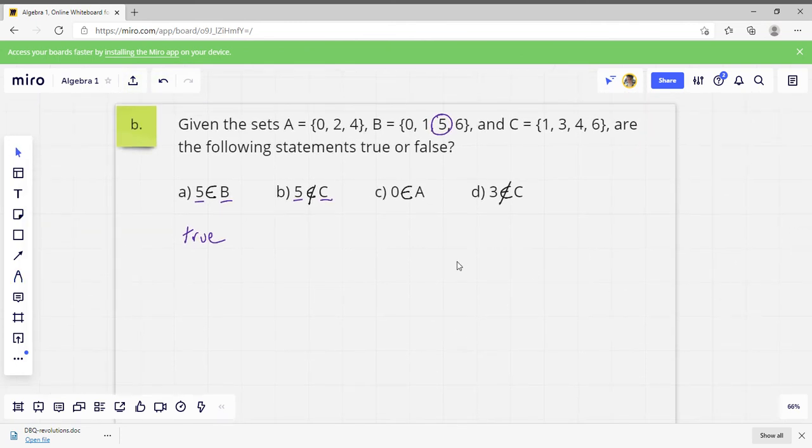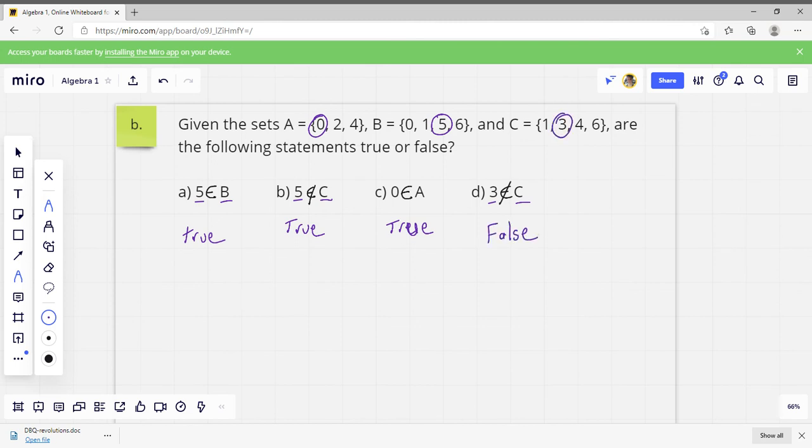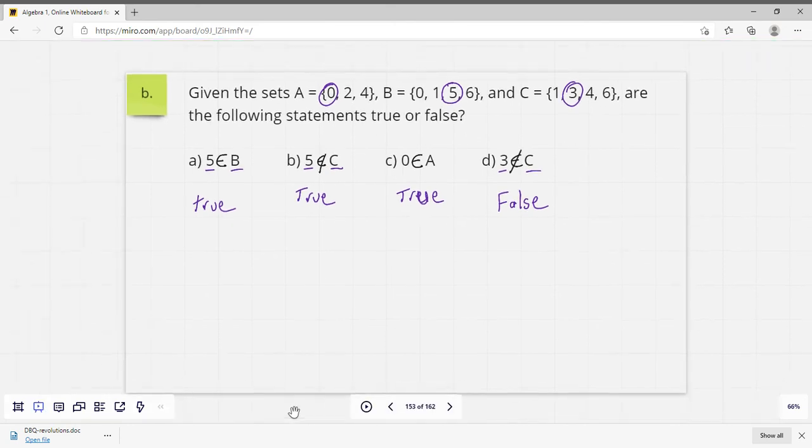Okay, there we go. 5 is not a member of C. Nope, there's no 5 in group C, so that one is also true. 0 is a member of A. A has a 0, so that one's true. And then 3 is not a member of C. C does have a 3, so that one is false. Alright, pretty easy.